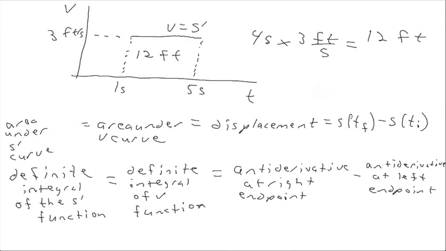I'm just rewriting the previous equation. The area under the curve is the definite integral, and this minus this is the antiderivative at the right endpoint minus the antiderivative at the left endpoint.